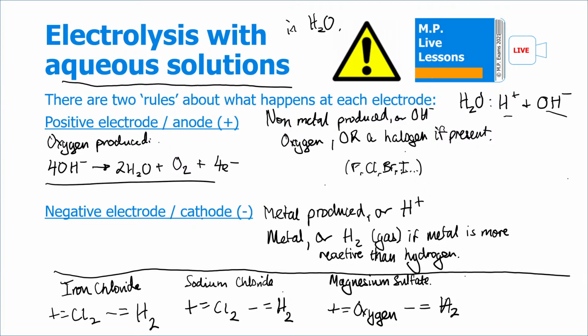Is this, which is a lot to learn, whereas at the negative electrode for hydrogen being produced, you will have your H+ ions that gain an electron and become hydrogen gas, which is H2, but we need to balance.